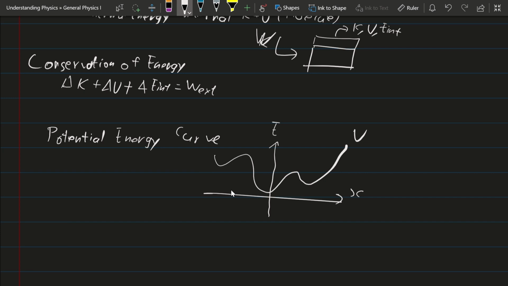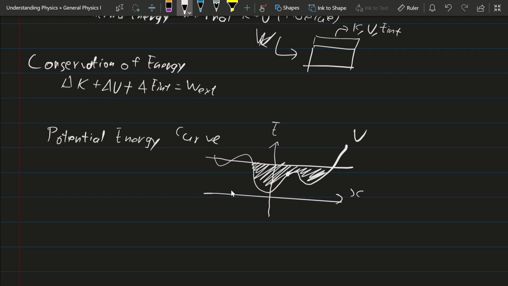One thing that we will normally use this for is to observe what the velocity of an object is at a certain position. So let's say you have a certain energy, let's say here, and you know your particle to be around here, therefore you would know that the object should be here.